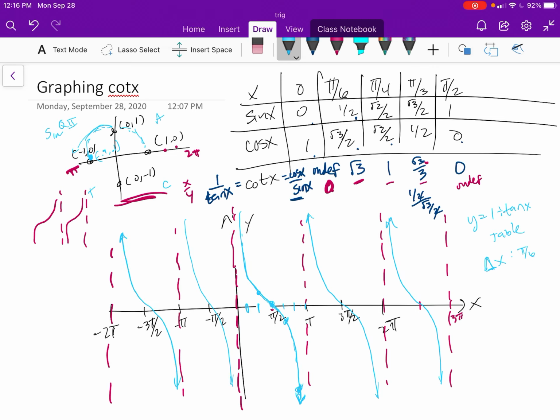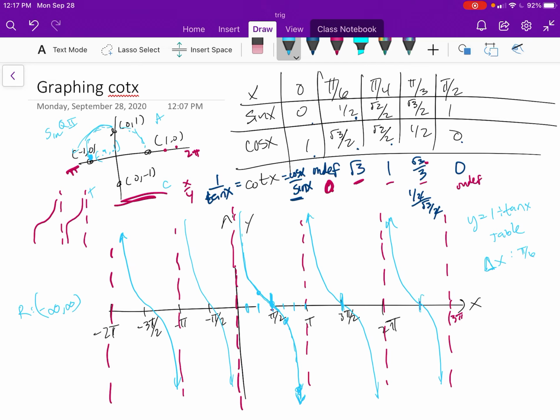Okay, it's periodic, it repeats. The difference now is our domain and our range. Well, the range is the same, right? The range is easy, -infinity to infinity. But the domain for tangent, we had a problem at every pi over 2, and then we added pi. Like anything that had a half in it, there was a problem.